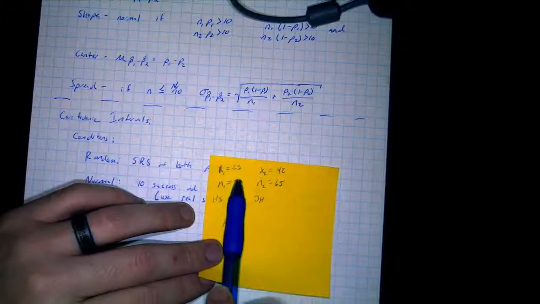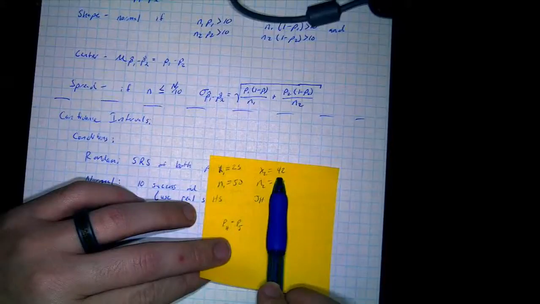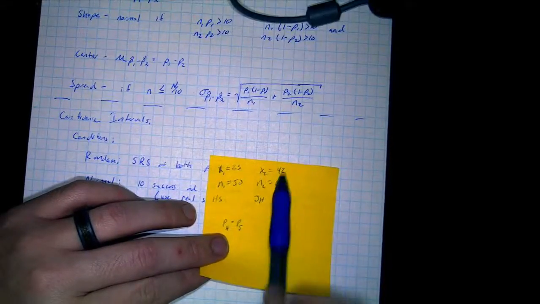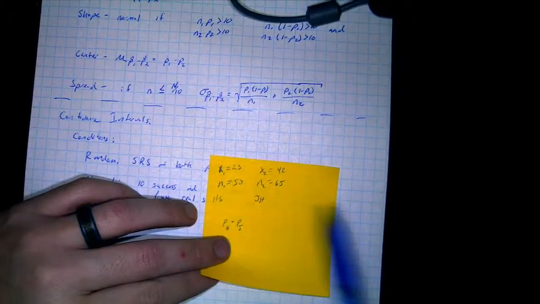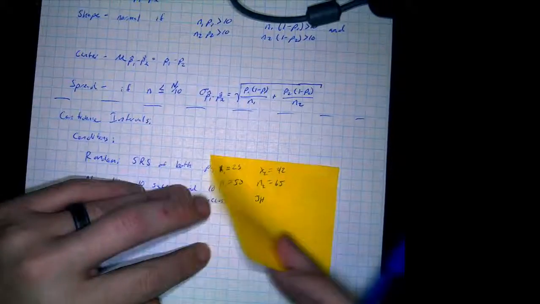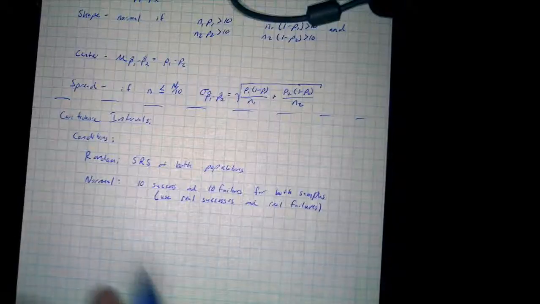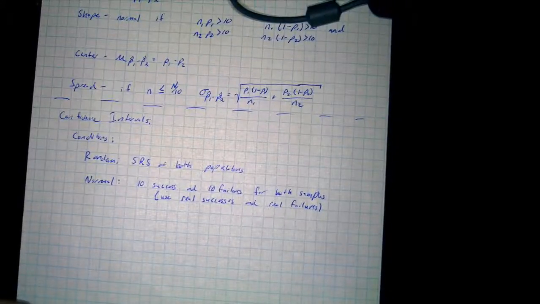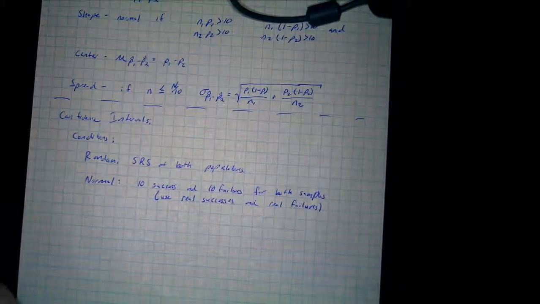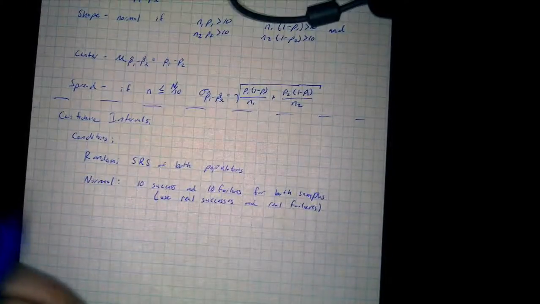Yes. Did I get 10 failures? Well, 50 minus 23, yeah. Did I get 10 successes in the second? Yes. And 10 failures? Yes. So I'm good on those conditions. You can either tell me how many successes and failures for each, which is probably one of the easiest ways, or you could say at least 10 successes, 10 failures for both, whatever.